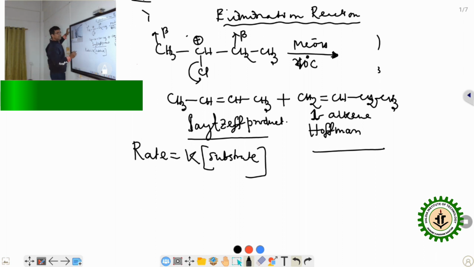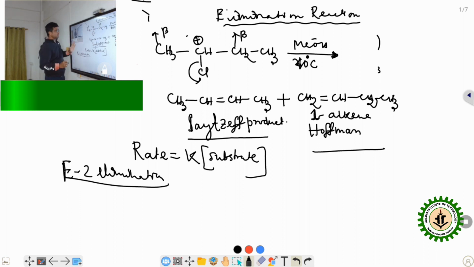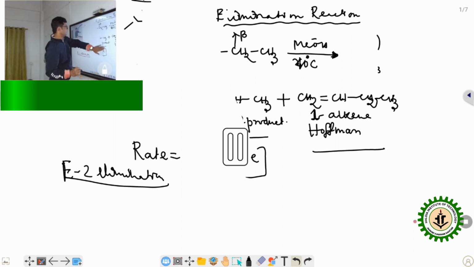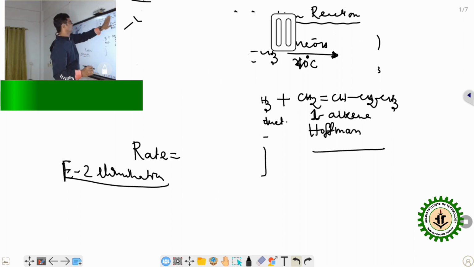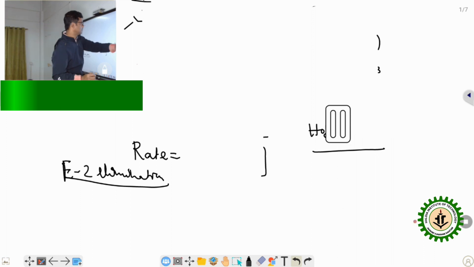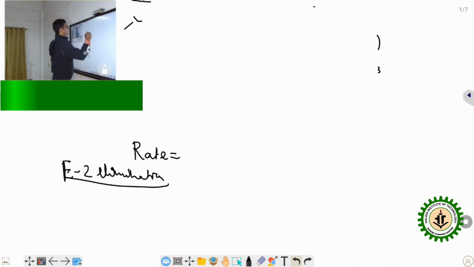The second type that is very important is the E2 elimination reaction, particularly if the same substrate is used here.